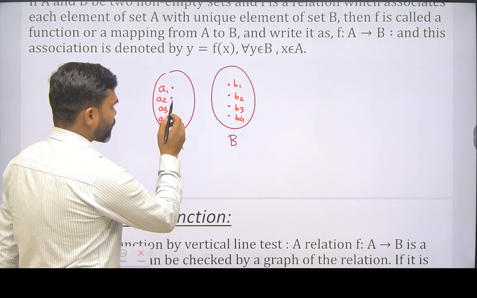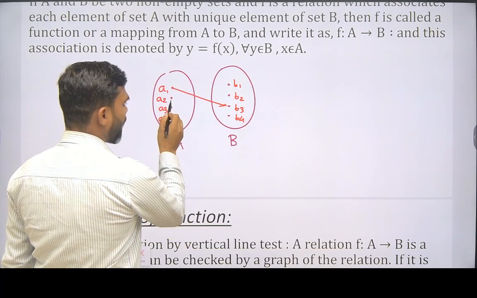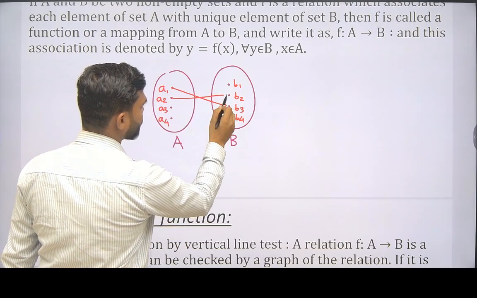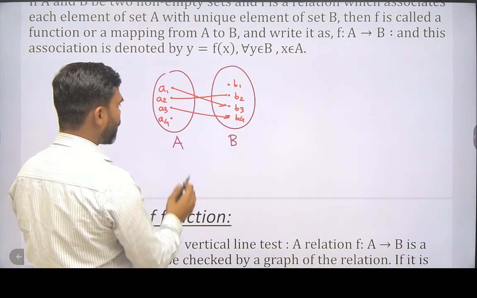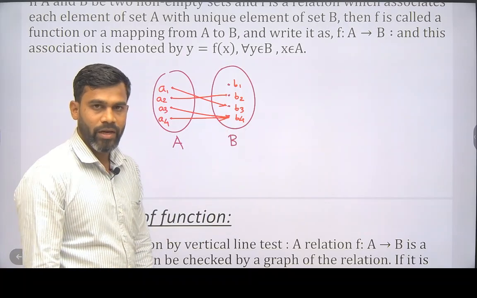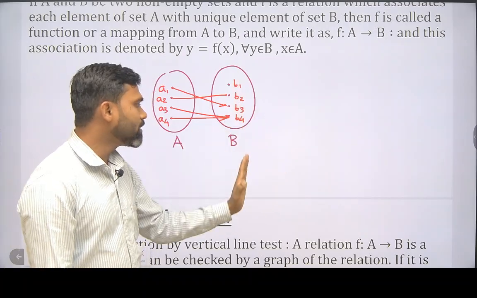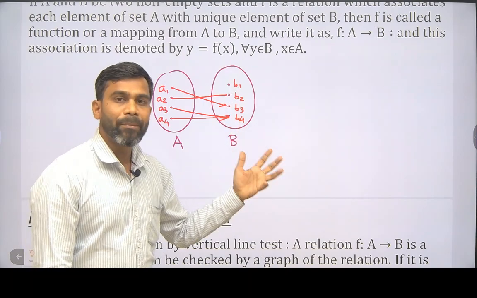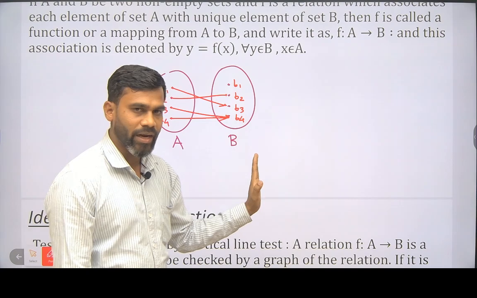Okay. So suppose A1 is related to B3, A2 is related to, suppose, B2, and A3 is related to B4, and A4 is also related to B4, right? Now you can see we don't have to worry about the elements or the type of mapping in set B. So there is no condition for set B, right?